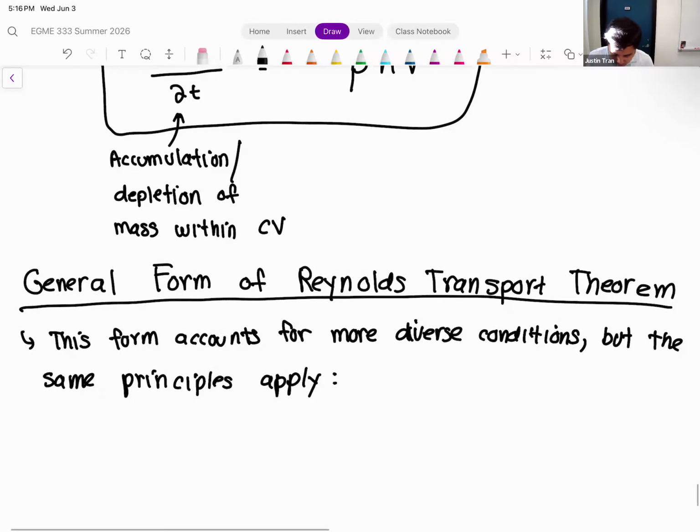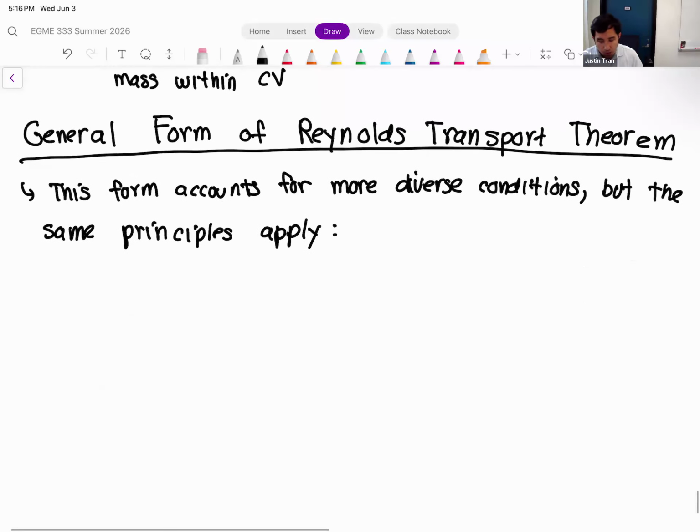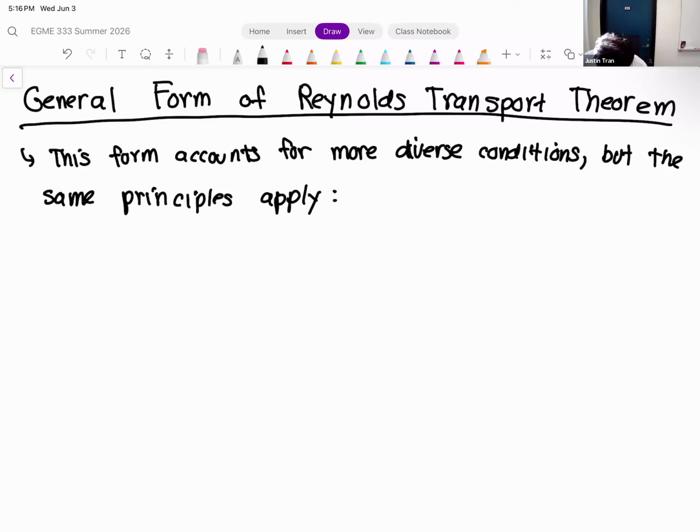I will say this form does look a bit more intimidating, but just think back to our bank account analogy, and we're going to use that to relate each of the terms here. So the general form looks like the following: we have partial t of the integral of rho times b dV.